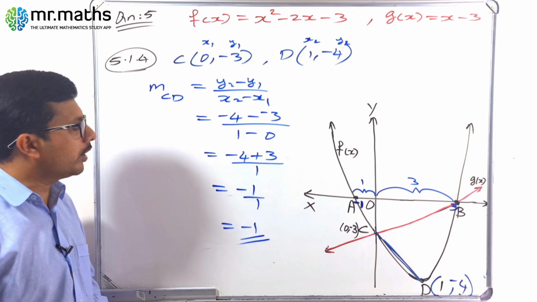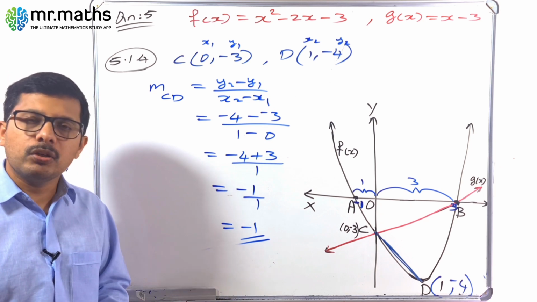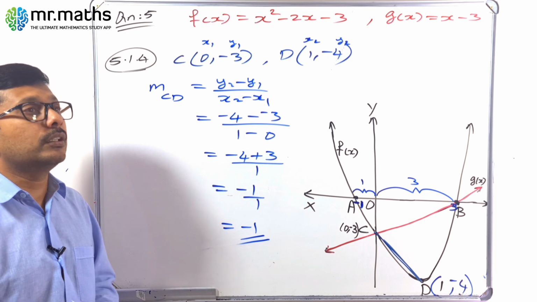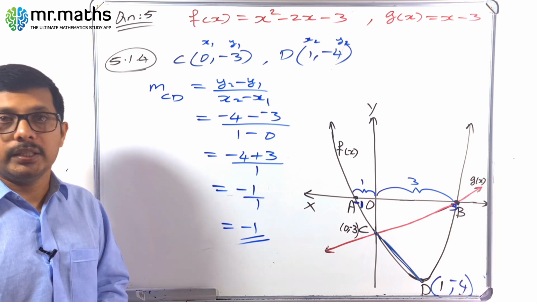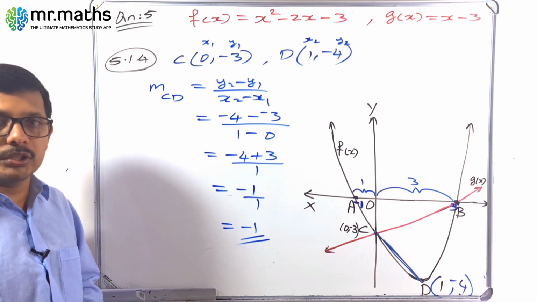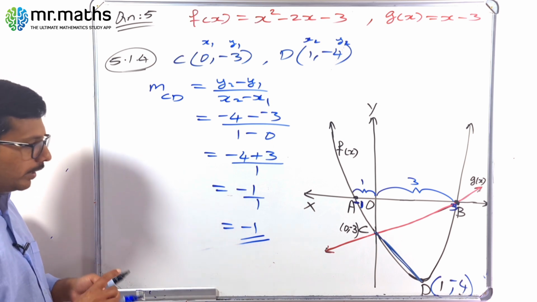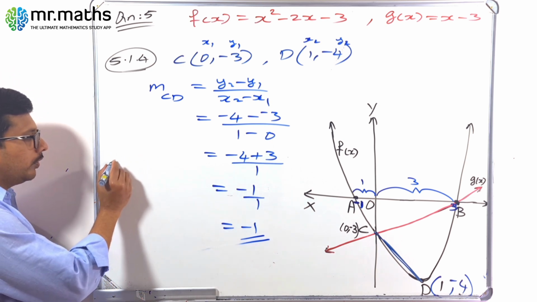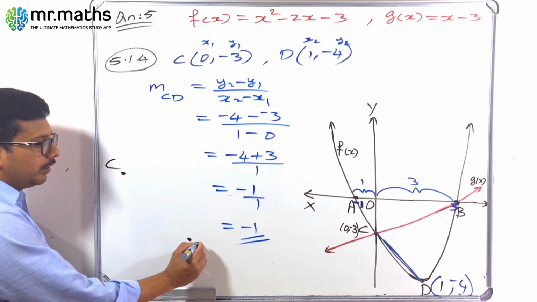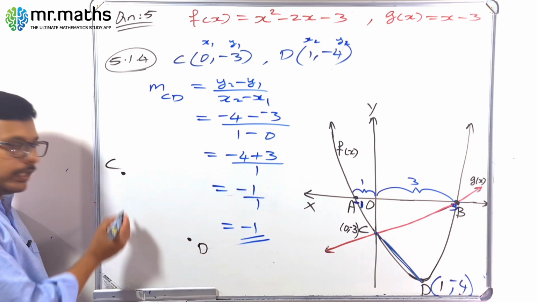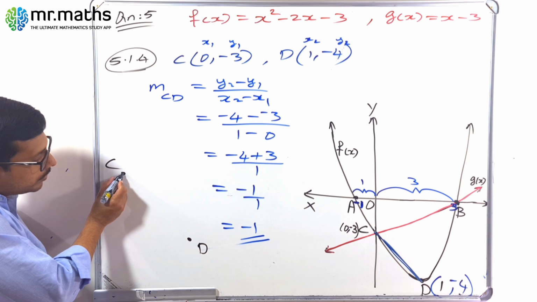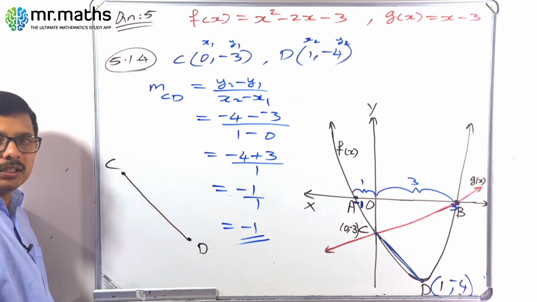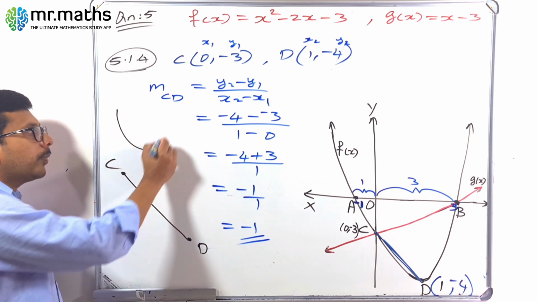Guys, before I go to the next question, what is the meaning of average gradient? Why are we saying average? Why don't they ask what is the gradient between C and D? You can see that this is the point C and this is the point D. Gradient is for a straight line like this. But here you can see that it is a parabola like this.